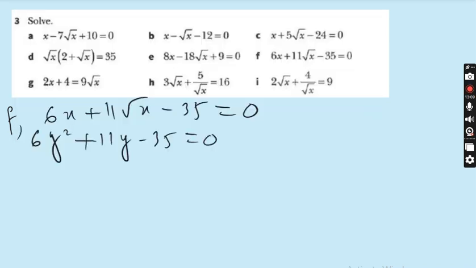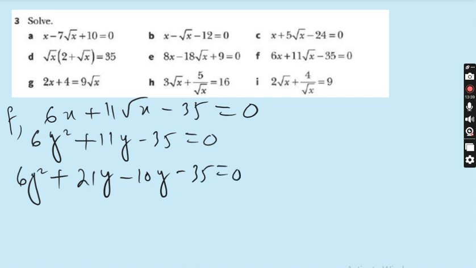So 35 sixes are 210, and 21 tens are 210, so 6y² + 21y − 10y − 35 = 0.